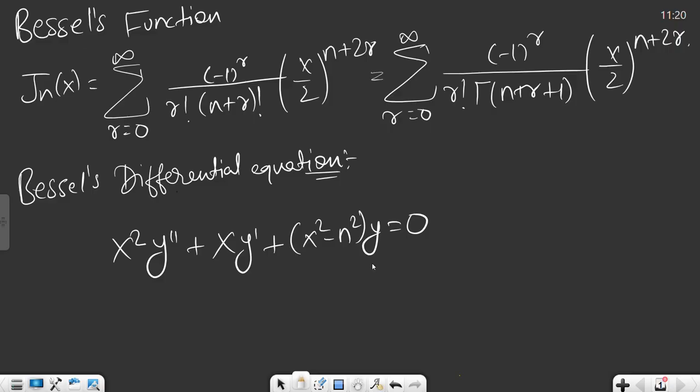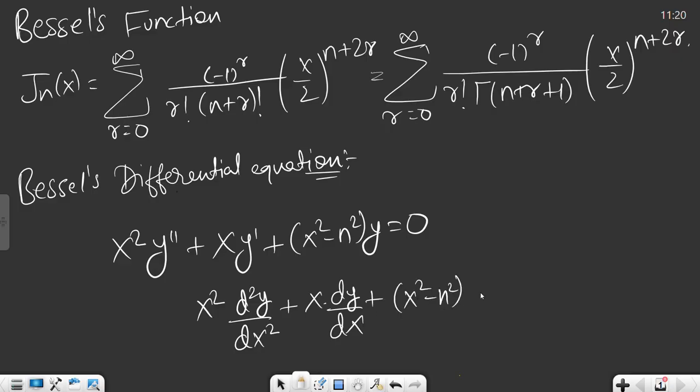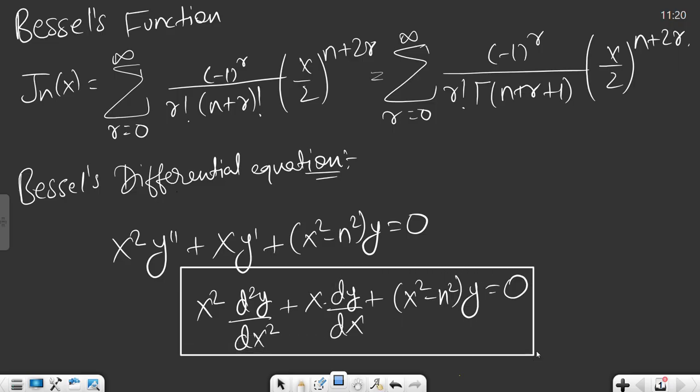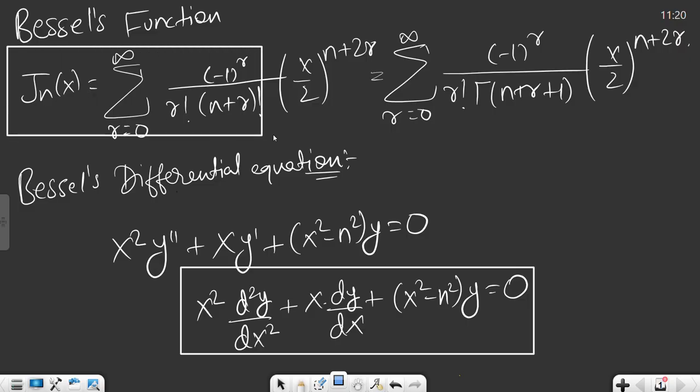Basically, this is x squared times d2y over dx squared plus x times dy over dx plus (x squared minus n squared) y equals 0. From here we are going to derive our target infinite sum, known as Bessel's function, this one.